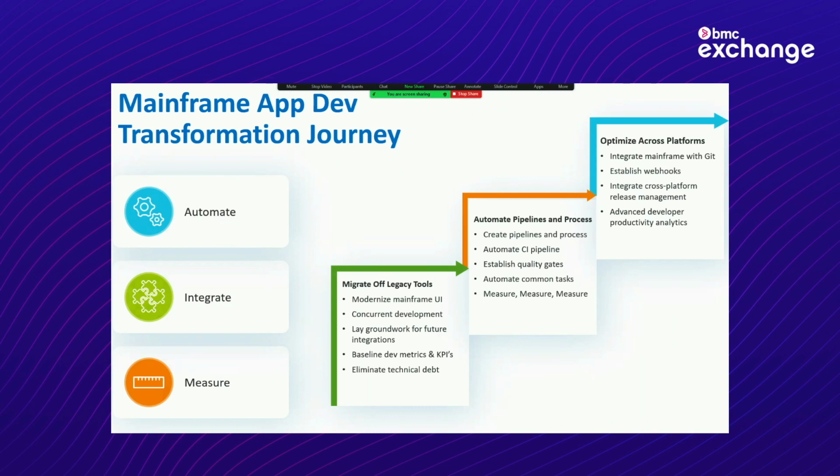We partnered with BMC Compuware in order to bring in that agile tooling and put it in place. So we had to migrate off of those legacy tools, modernize the mainframe UI, and make sure that concurrent development and future integrations were set up. We had to make sure that everything was good.